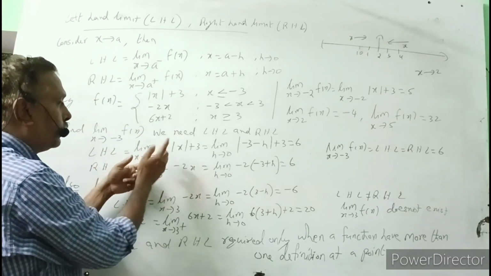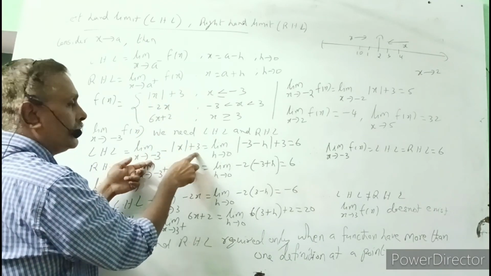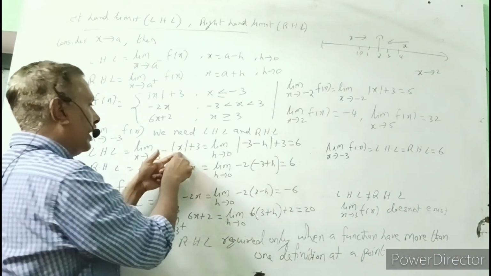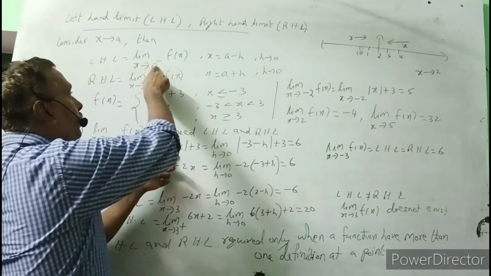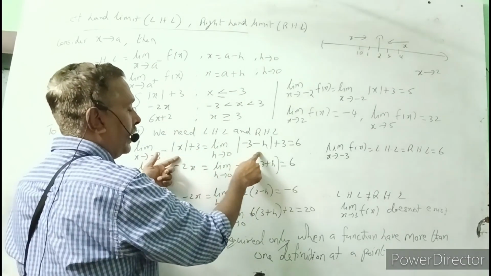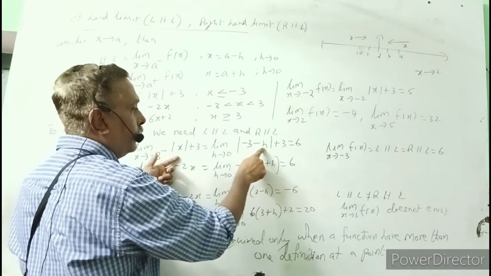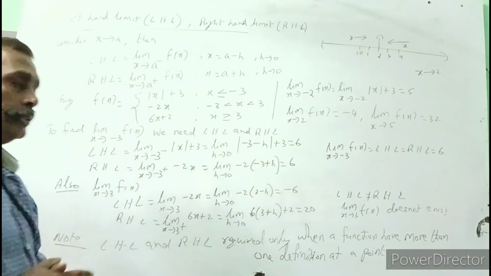This minus shows the left side of minus 3. So the left side of minus 3 is this. So I changed x as minus 3 minus h, as I told you, a minus h. Here a is minus 3, so minus 3 minus h. I put h equal to 0. So modulus of minus 3 plus 3, that is equal to 6.